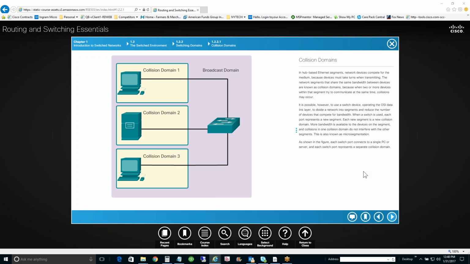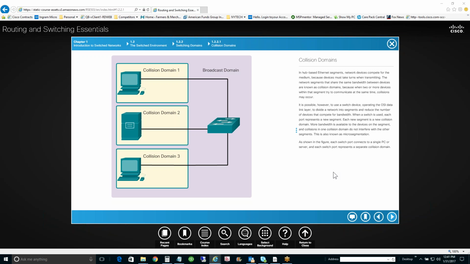So in 12-21, we talk about collision domains and broadcast domains. And the beauty of switches is that each port is considered a collision domain. Back in the old days, we used to have what were called hubs, and basically every frame went out every port.